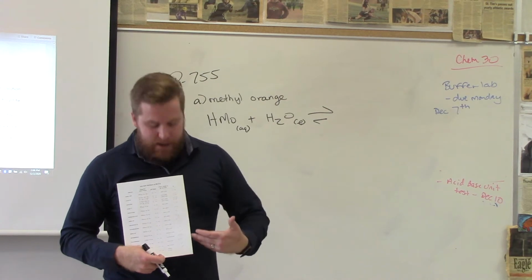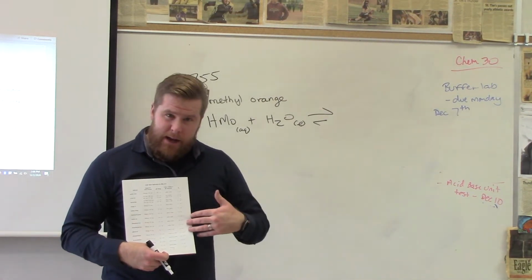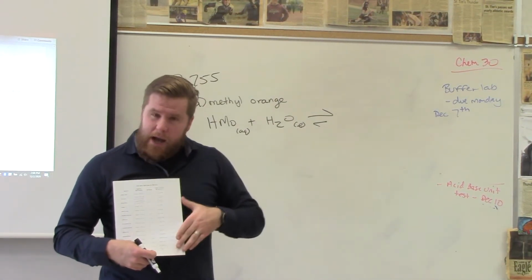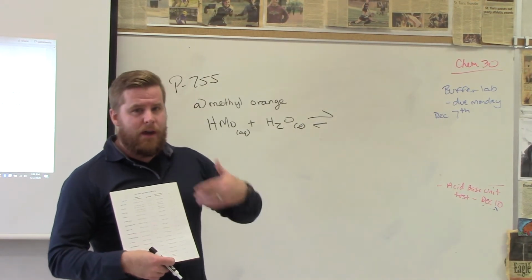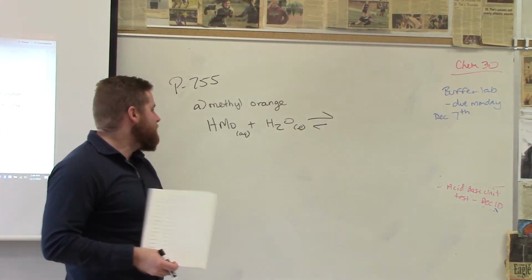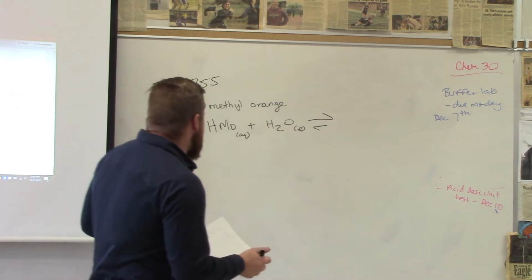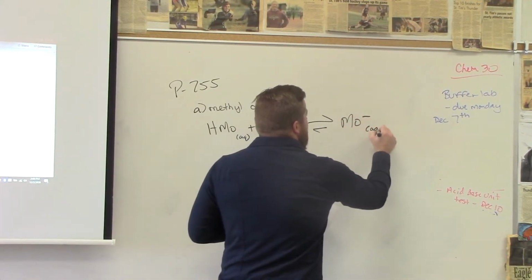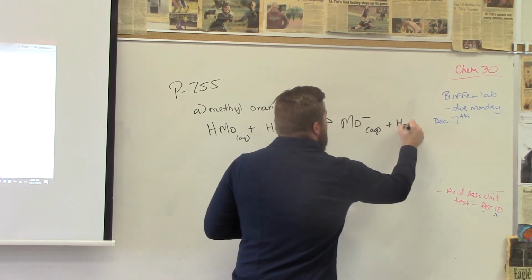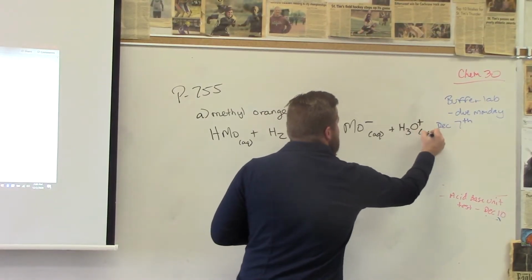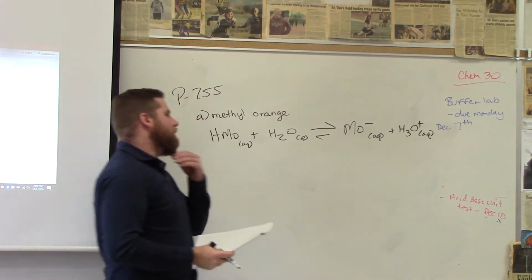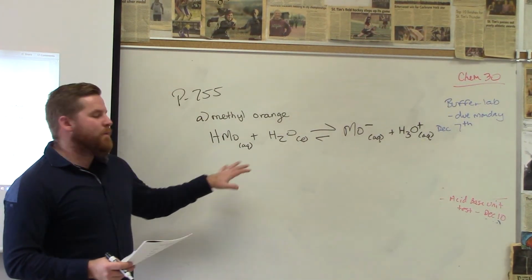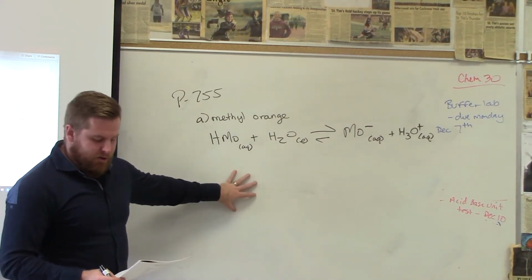So you have acid ionization constants and you have base ionization constants, because you can find the Kb by the relationship of Ka to Kw and Kb to Kw. Okay? So this is going to make MO negative, and that's also on your acid-base chart, plus H3O plus. So this is my indicator combination.